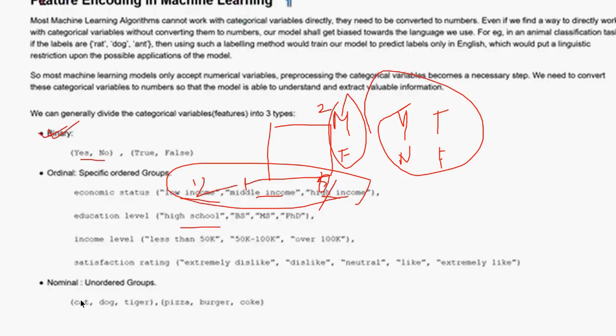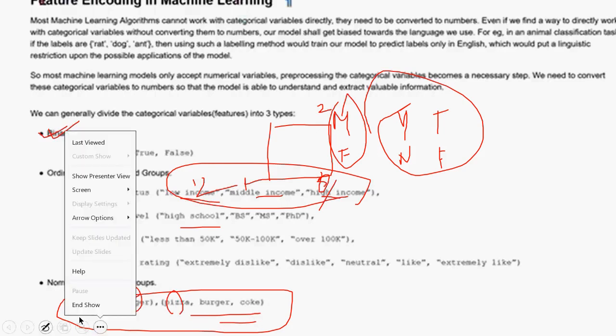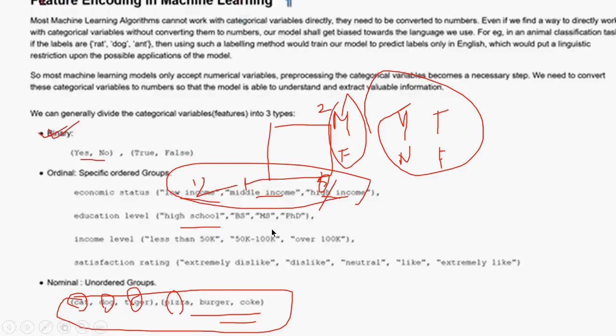Nominal data doesn't have any specific ordering like 1, 2, 3. It is any category of ungrouped values. Cat is a specific species, and dog, tiger are different. This is all about animals we are talking about. Can you understand this? Yes.